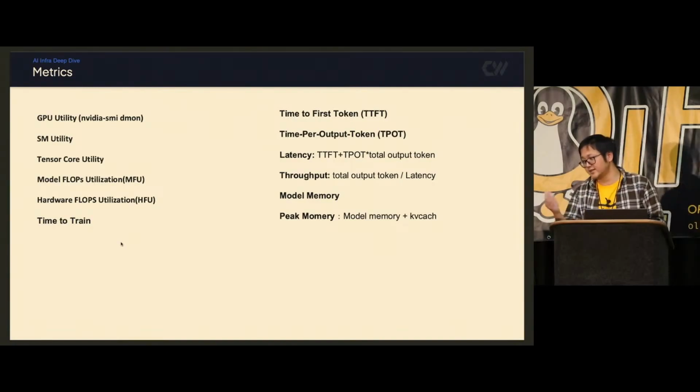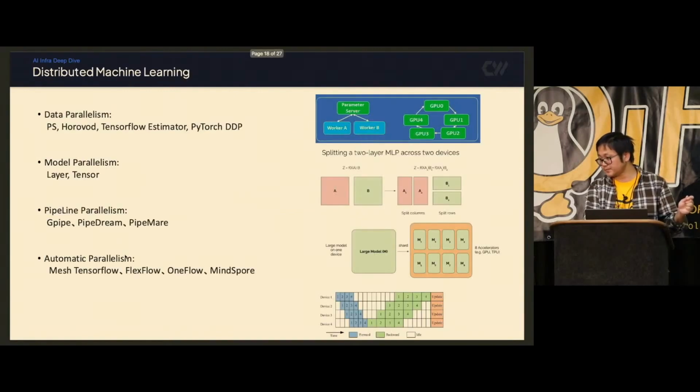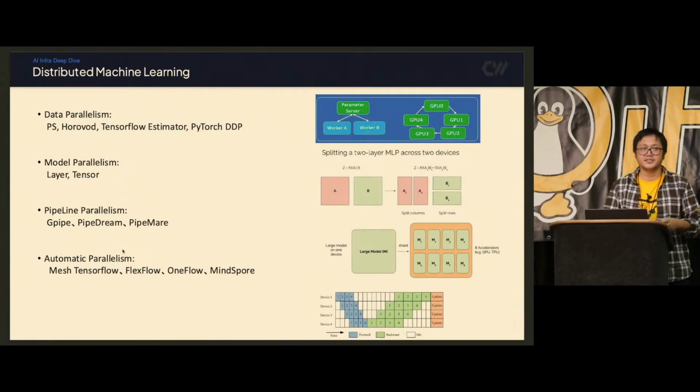So this is the second metric. Others from hardware, we see the latency, the throughput, and the model. And we also need to see the model memory, the peak memory, how much memory they use during the whole inquiry.